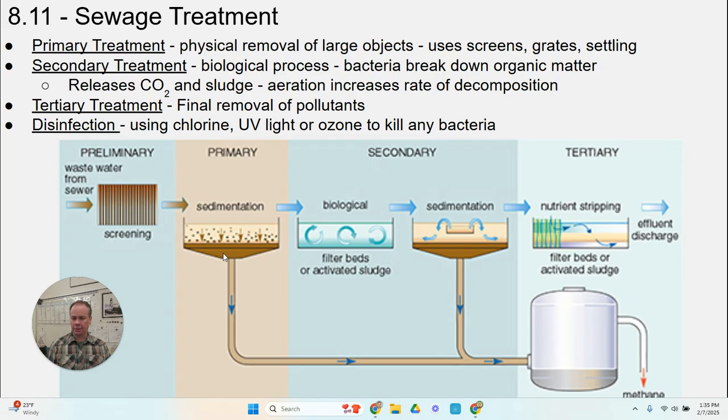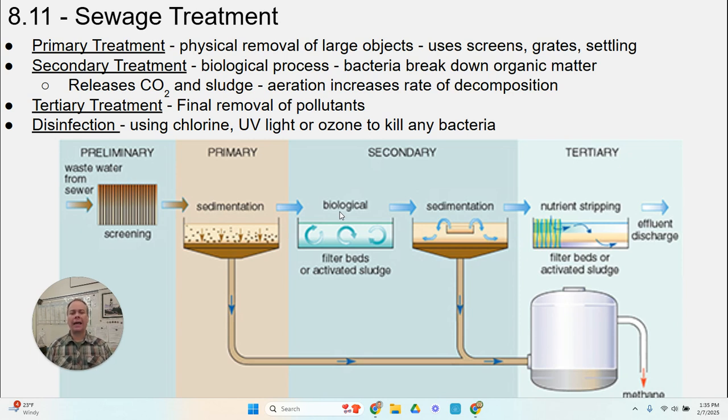They are removed eventually at various stages along this process. So sedimentation clarifies the water somewhat, takes out large particles that are suspended. That water is then transferred to secondary treatment.